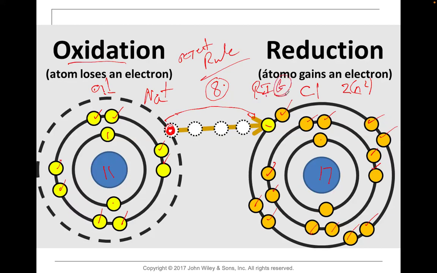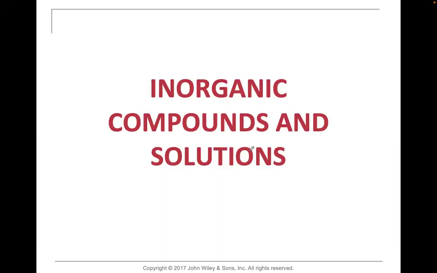Reduction is gaining an electron. That's reduction. Cl minus. So when they come together, Na plus, Cl minus, this one lost an electron, this one gained an electron. This was OIL, this was the RIG, OIL RIG. Oxidation is losing an electron, reduction is gaining an electron.